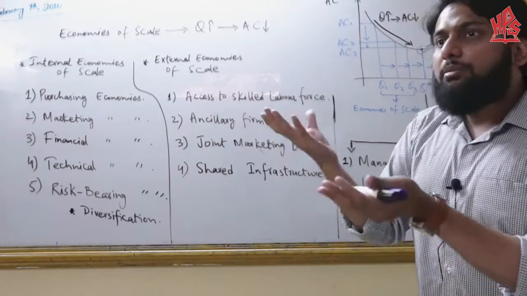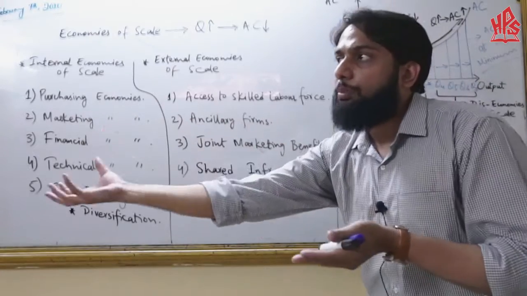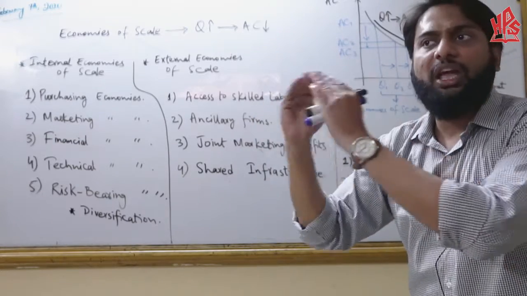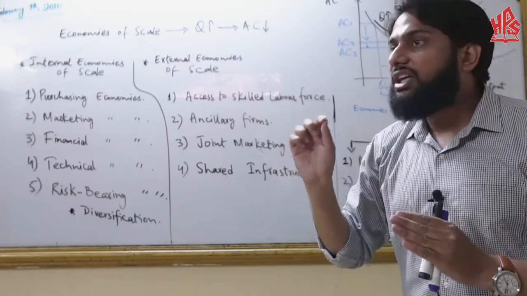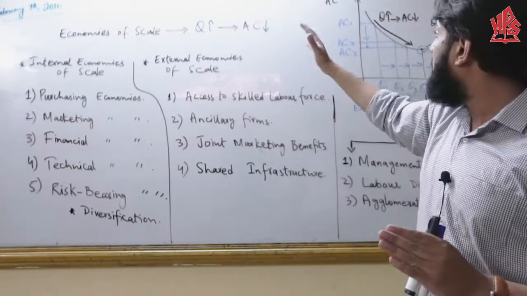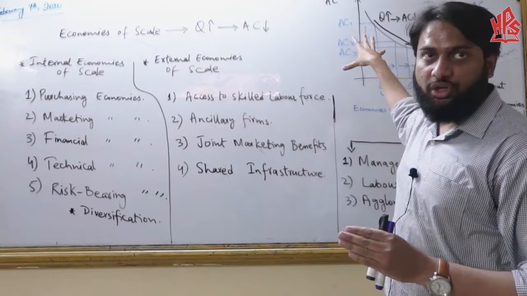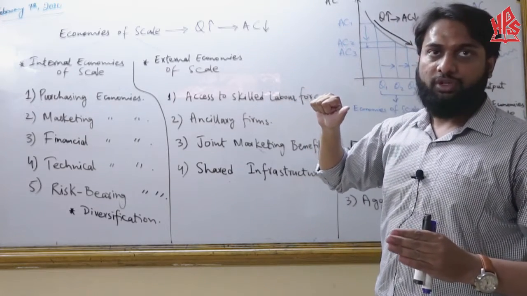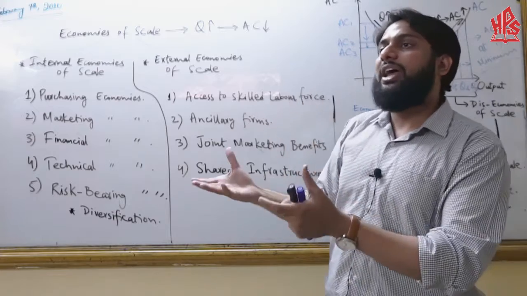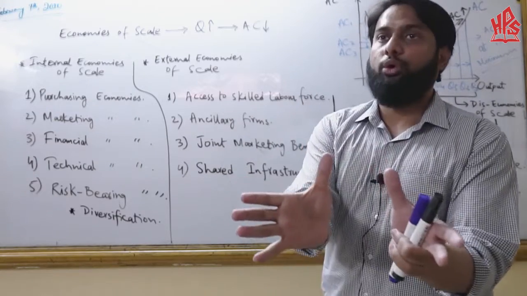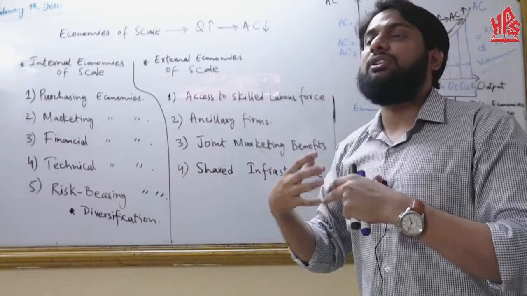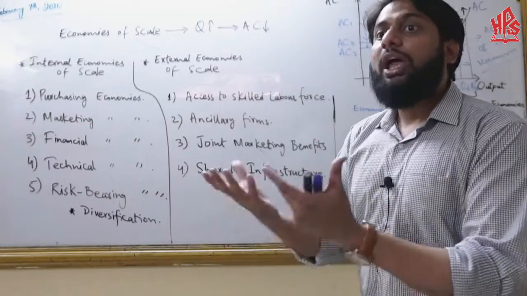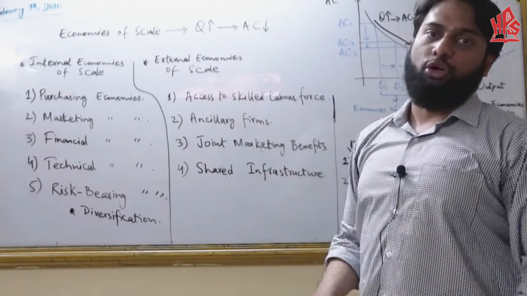So if we are able to borrow finance from any source at a lower cost, that will also influence and reduce our cost of production. Let's suppose, for example, if a government gives us an interest-free loan, that boosts up the output and also diminishes the cost of production.